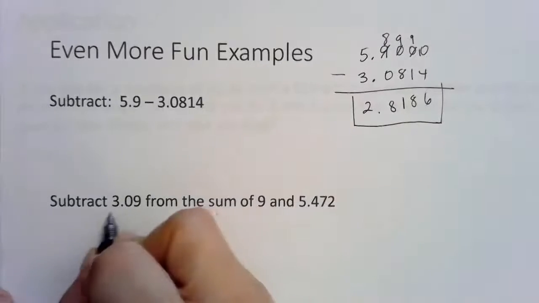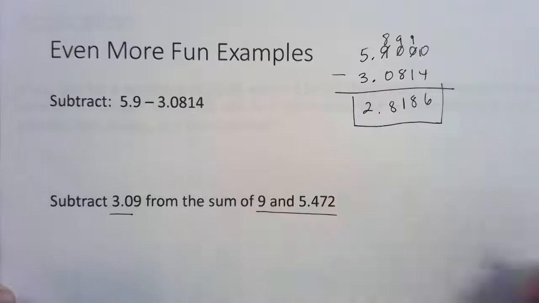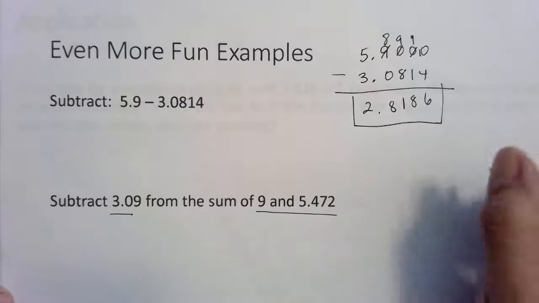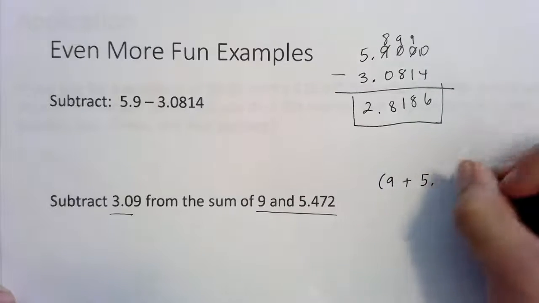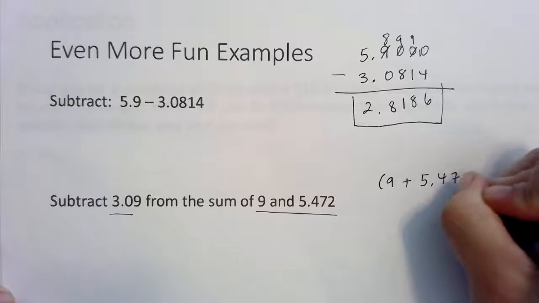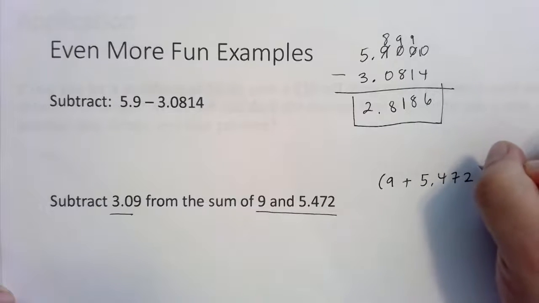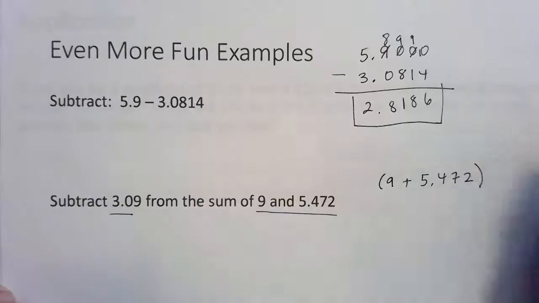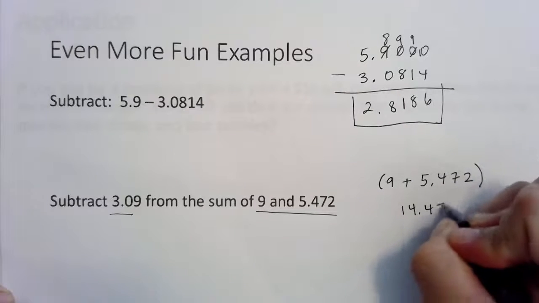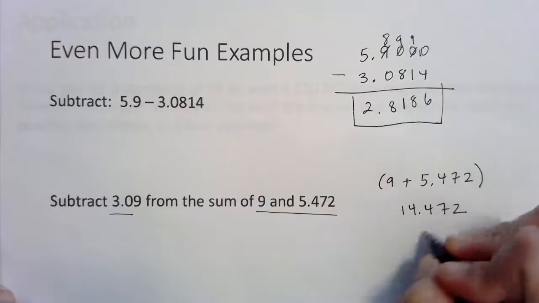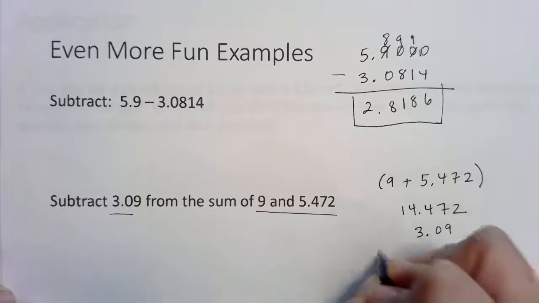Then for this one, we would subtract this from the sum of 9 and 5.472 ten-thousandths. So first we take the sum, and we add that together, so that would give us 14.472. And then we want to subtract 3.09 from that.